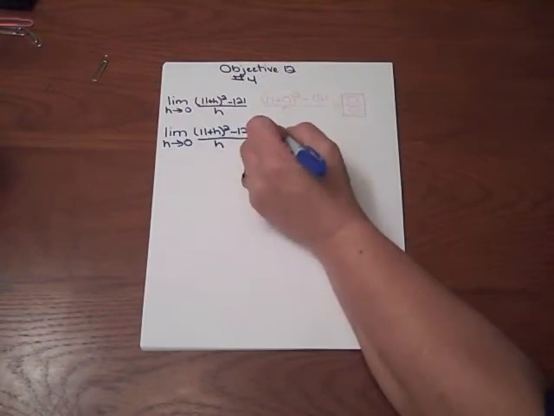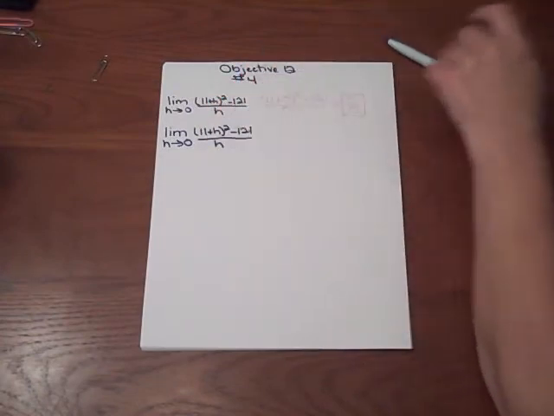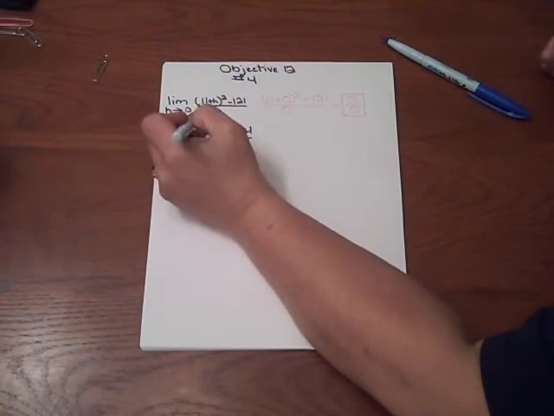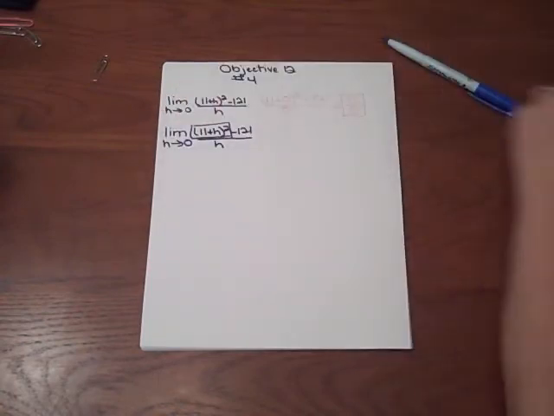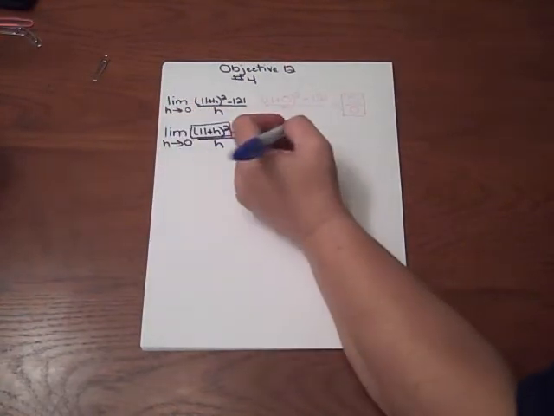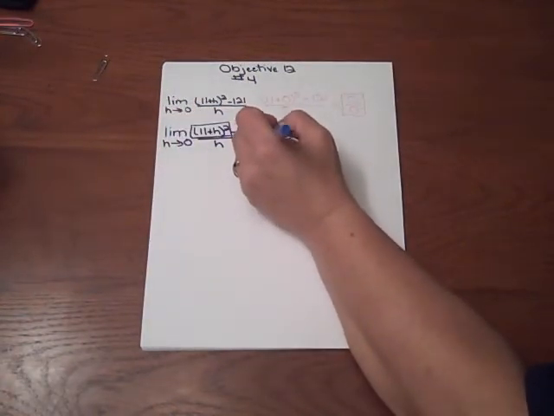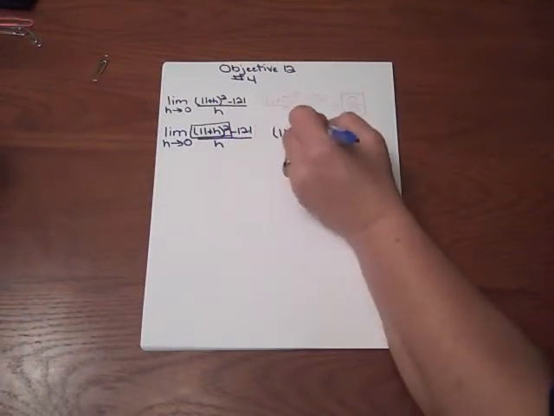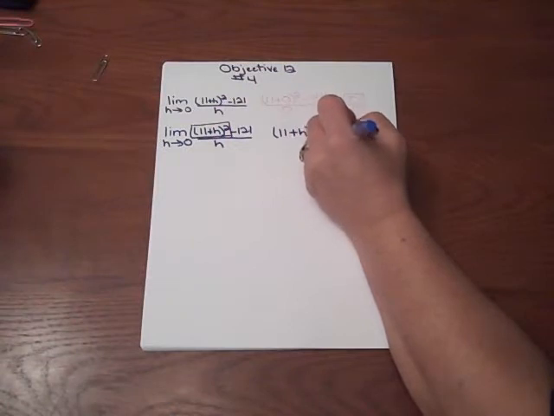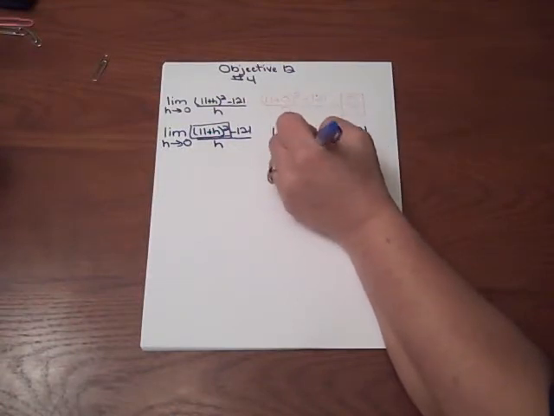If we expand this, we're going to take this part right here to expand it, and we'll use FOIL. And that will be 11 plus h times 11 plus h minus 121 over h.